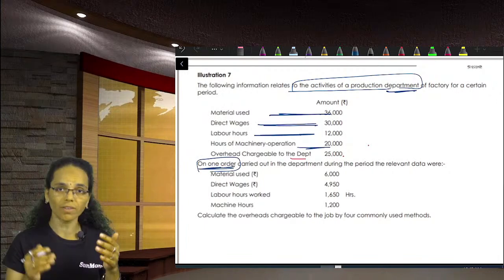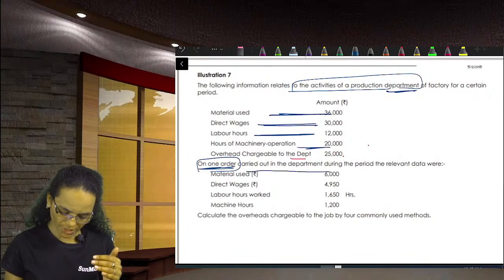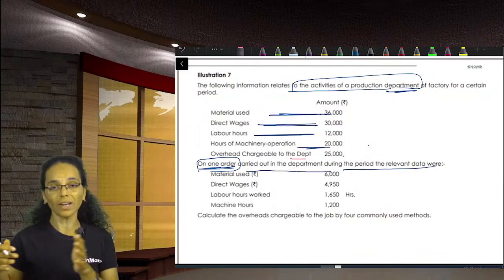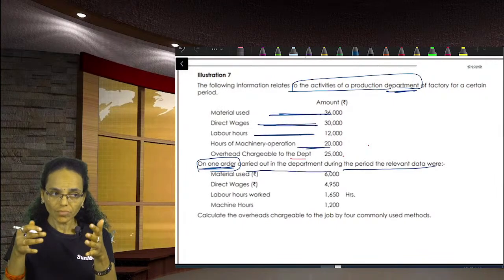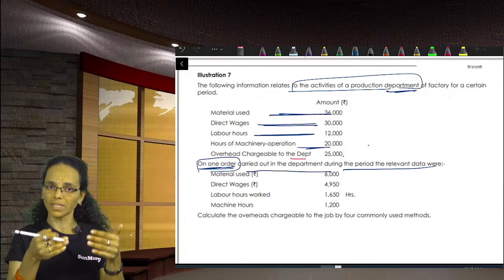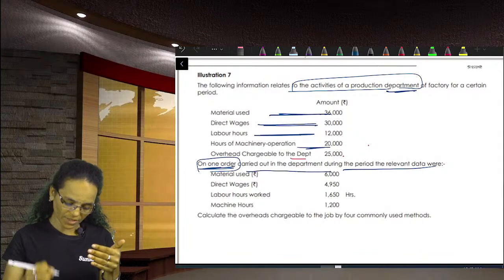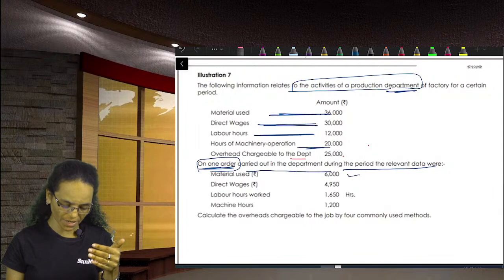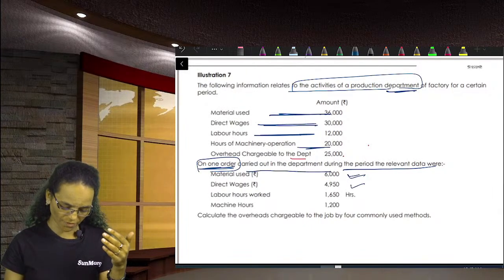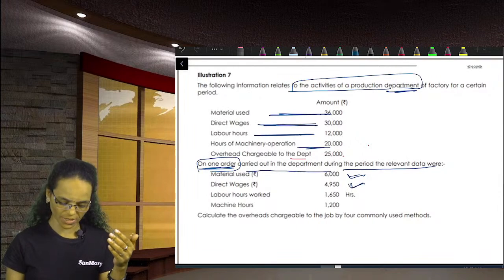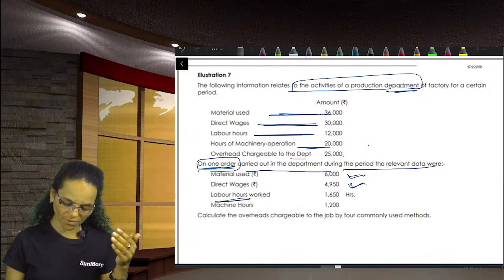On one order carried out in the department during the period, means we have received one order from the customer or client. Now for that we are expecting to use material of 6,000 rupees and direct wages will be 4,950, and labor hours required is this much.